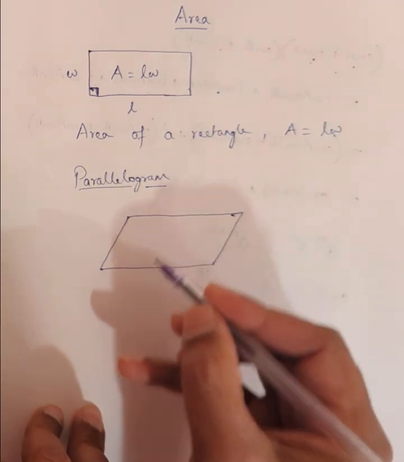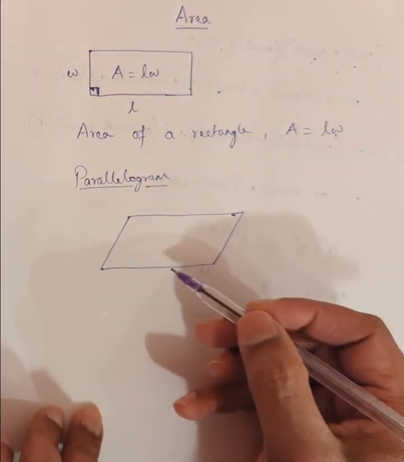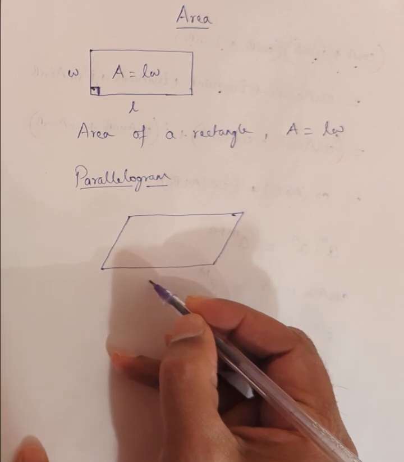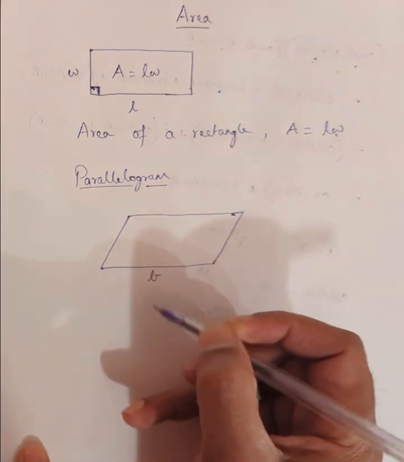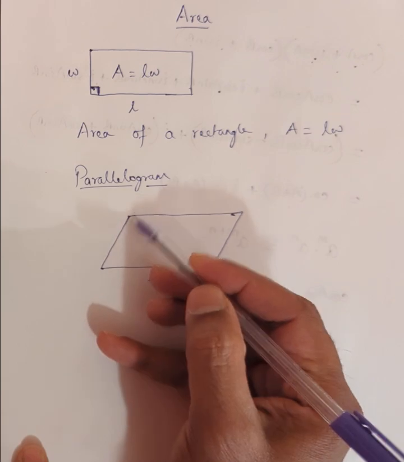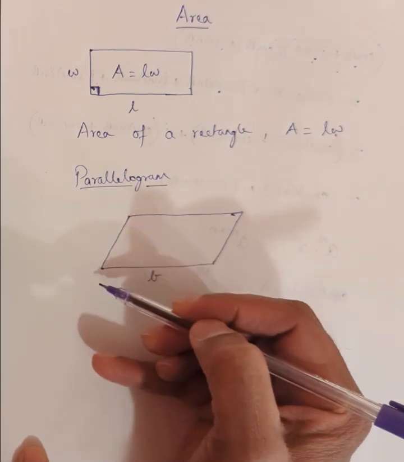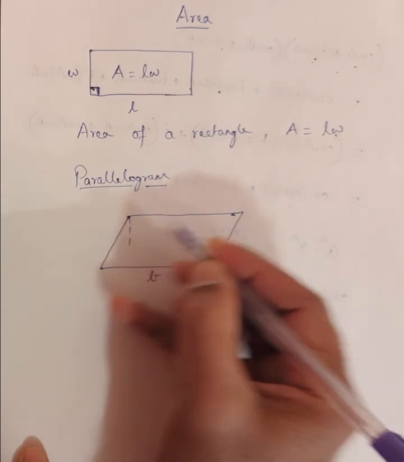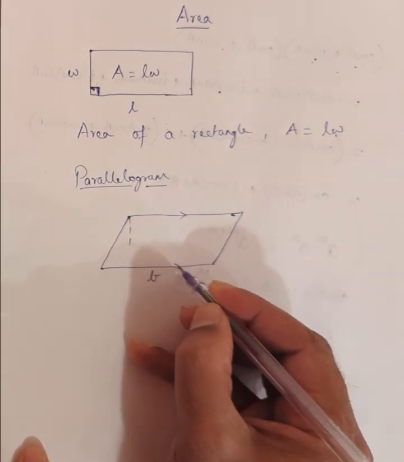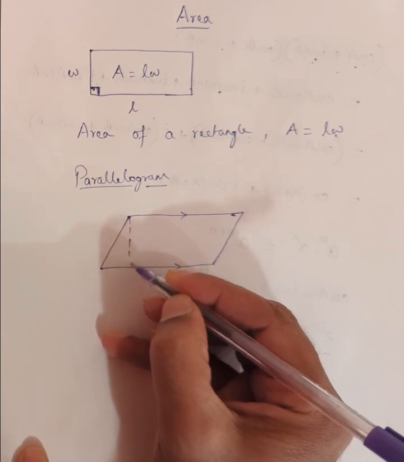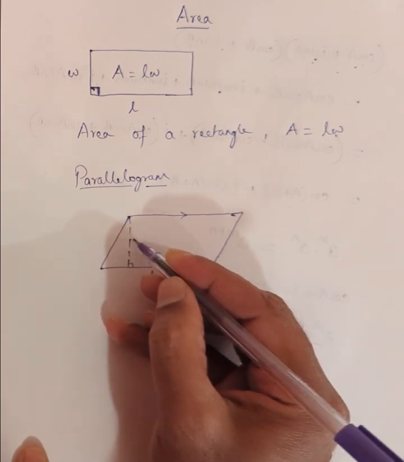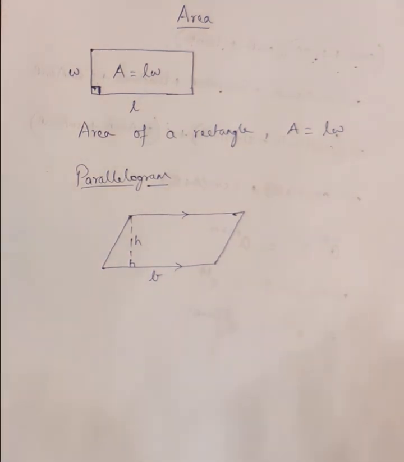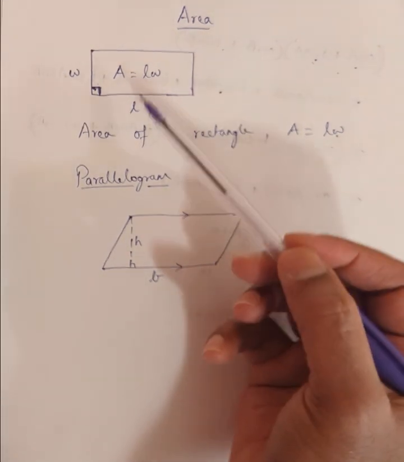And then we don't use the words length and width. Maybe we want to call this base, B. And this slant dimension is of no use. Instead, these two sides are parallel, and we measure the distance between these two sides and we call it H.